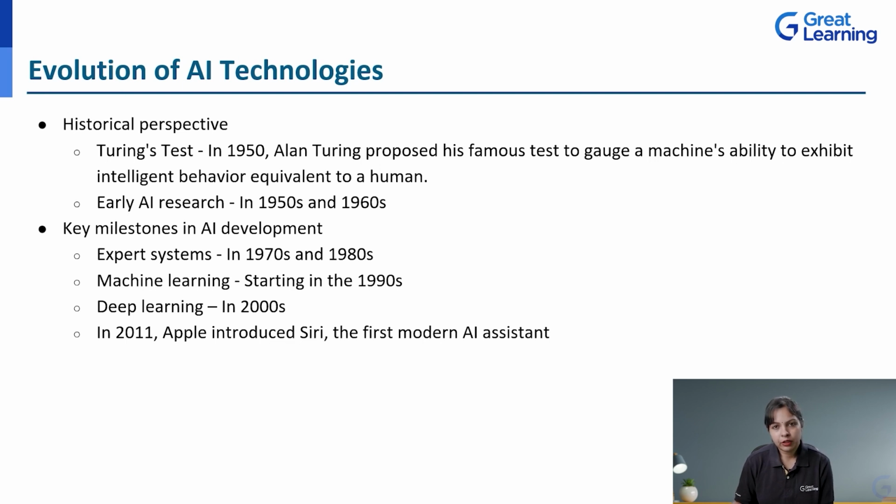Then the research went on, but the progress was not very fast. It was at a slow pace. In the 1950s and 60s, the research was mainly on the development of a set of rules which you can fit into a computer system so that it can then behave intelligently, like a human. Key milestones happened in the 1970s and 80s when expert systems were developed.